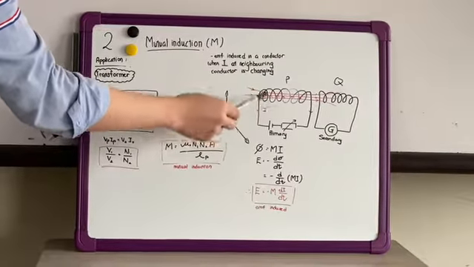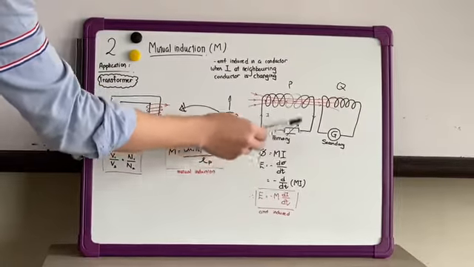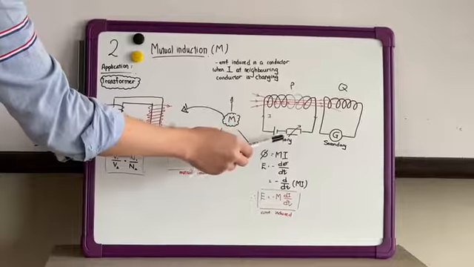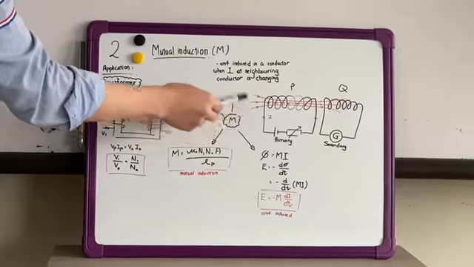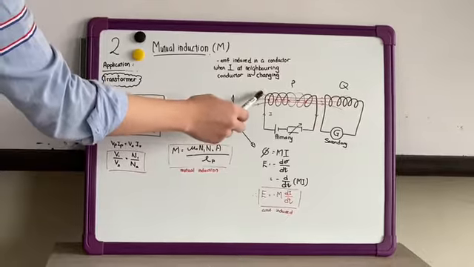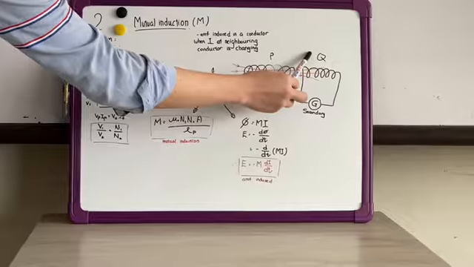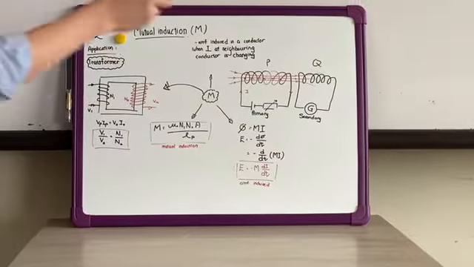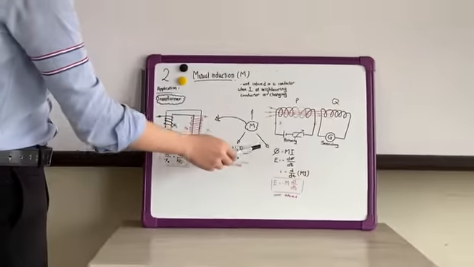So when the current in P is changing by changing the resistance inside this circuit by adjusting the rheostat, whether the current will increase or decrease, it will affect the neighboring solenoid by changing the magnetic flux linkage.